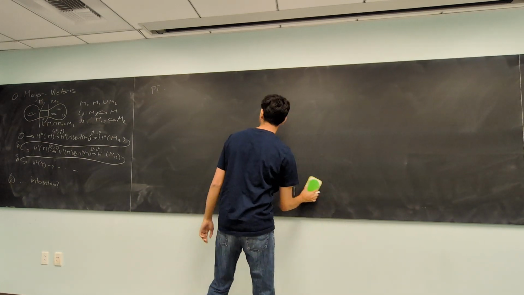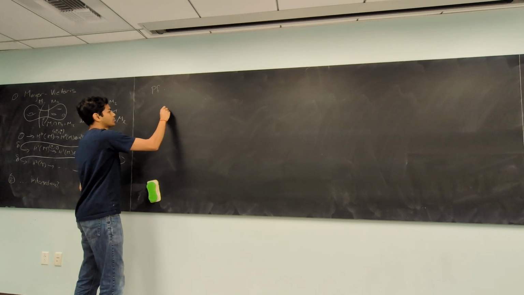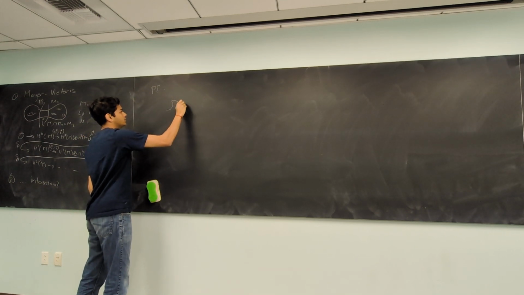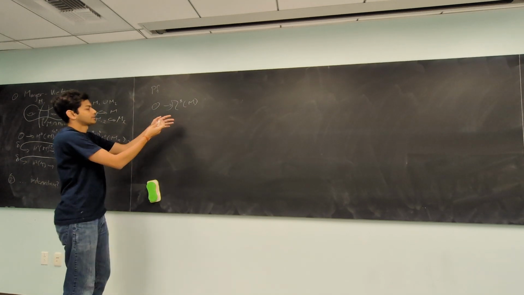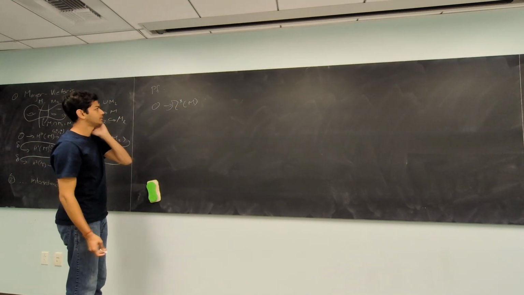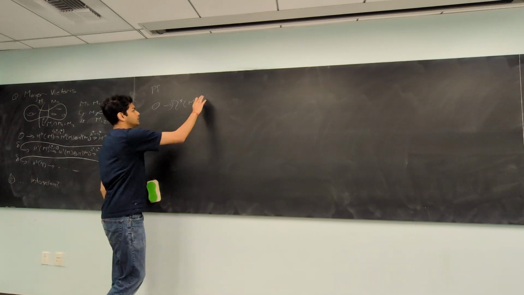Okay, so this whole line that I just erased, shorthand for that is omega star m. So this means the entire thing, omega 0, omega 1, omega 2, and all that.